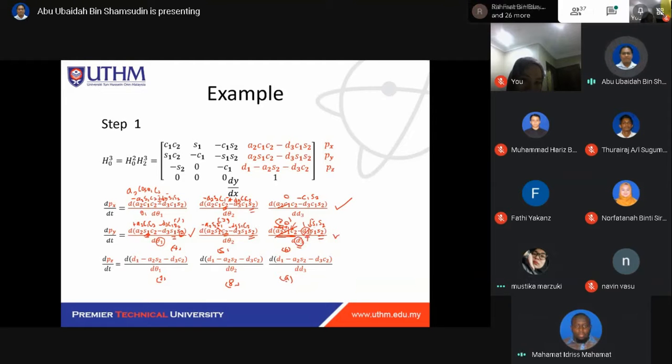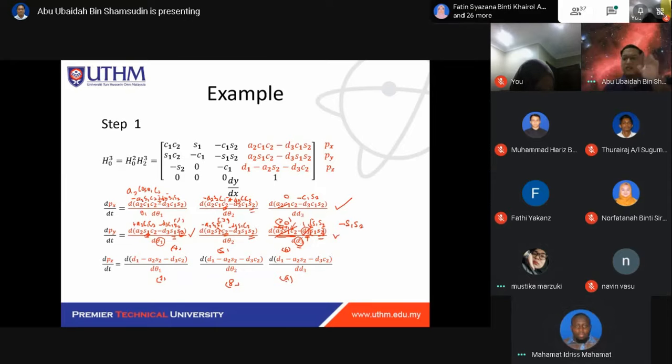So only this one will change. The other will become the same. Okay, Muhammad? So we just differentiate this one, become 1, and the other part will become the same. So the answer will become negative S1 S2. Yeah, only that. Okay.